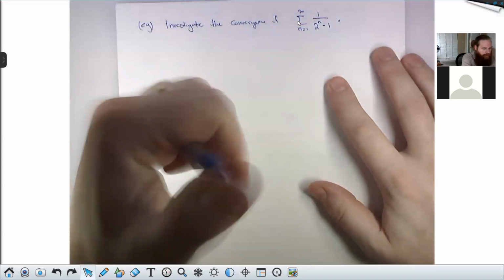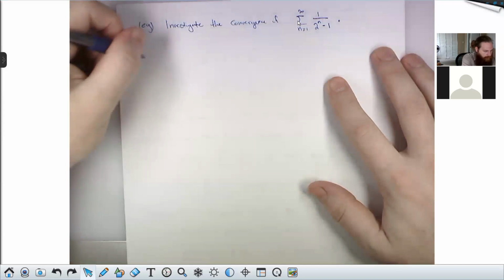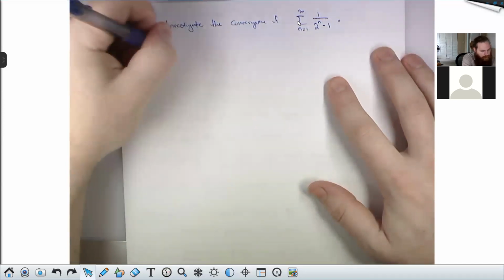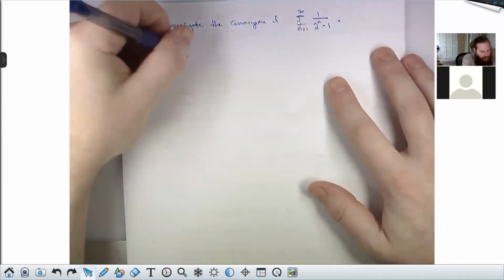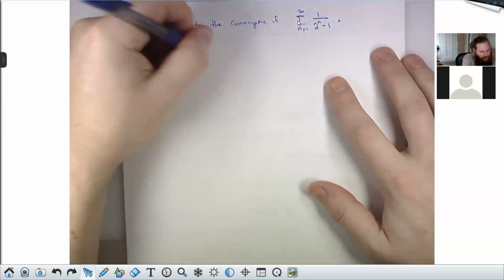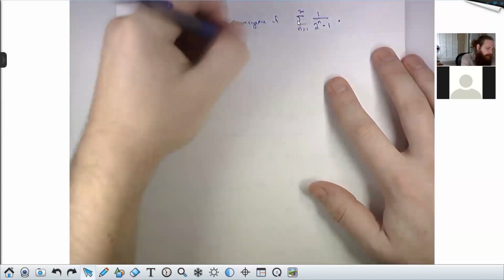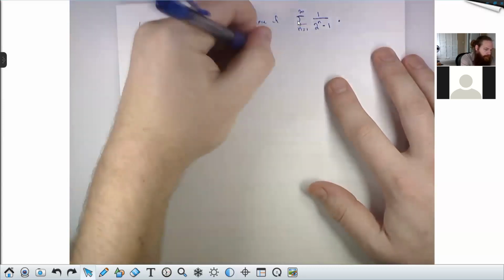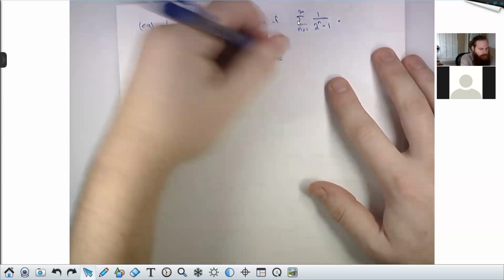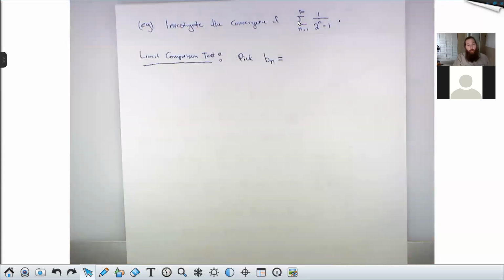I'm going to run the limit comparison test. First, I have to pick Bn. So I want to pick something a little bit simpler than 1 over 2 to the n minus 1, about which I know a lot.